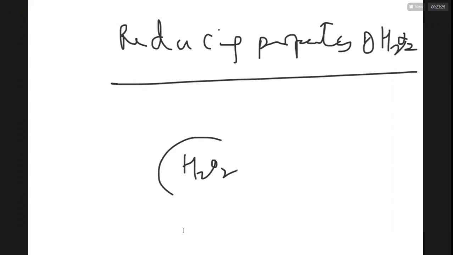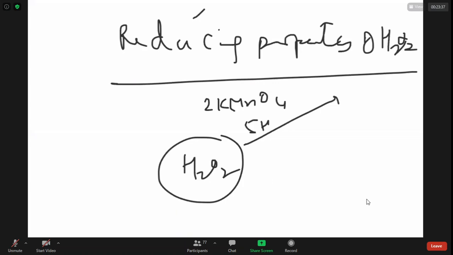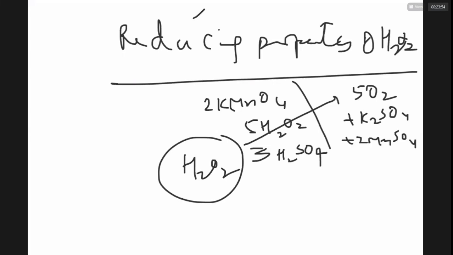For example, whenever H2O2 acts like a reducing agent, 2 moles of KMnO4 and 5 moles of H2O2 react in the presence of 3 H2SO4. All three are to be taken together. You get 5O2 plus K2SO4 plus 2 MnSO4 plus 8 water.